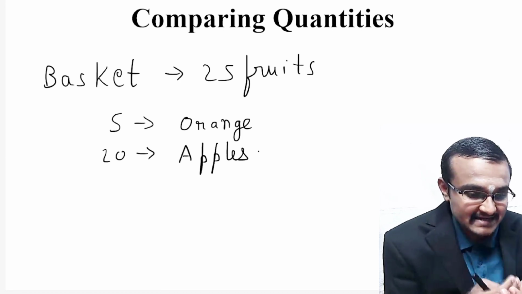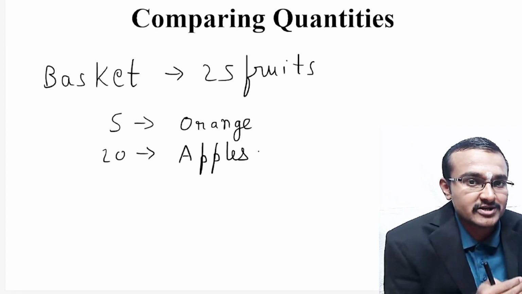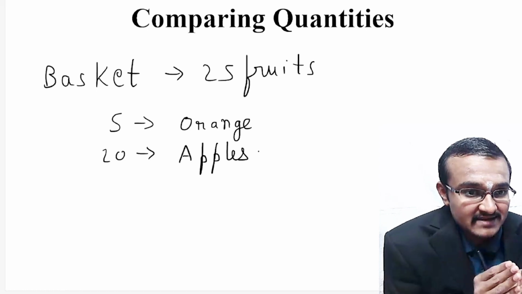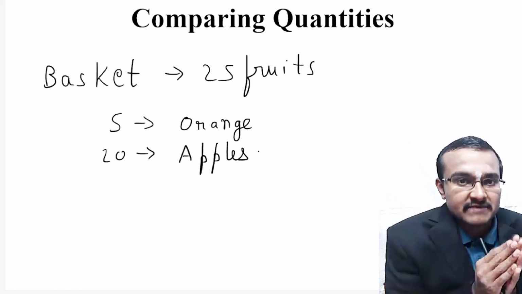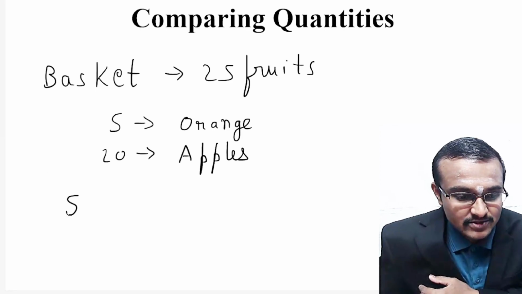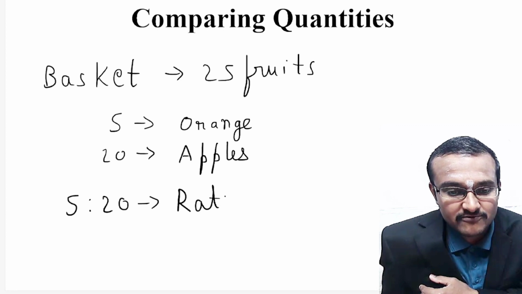If you want to calculate the ratio of orange is to apple, that means how many oranges are there for a certain number of apples. Here you can easily see 5 is to 20. This is the ratio of orange is to apple.